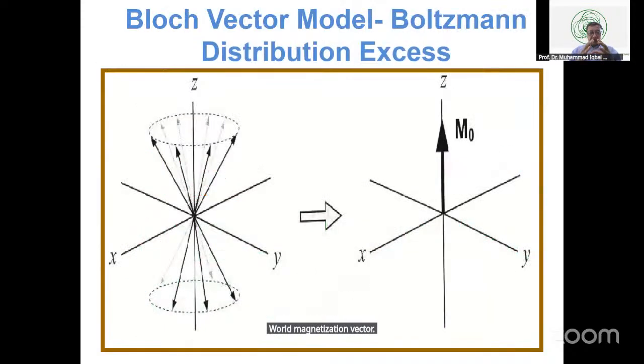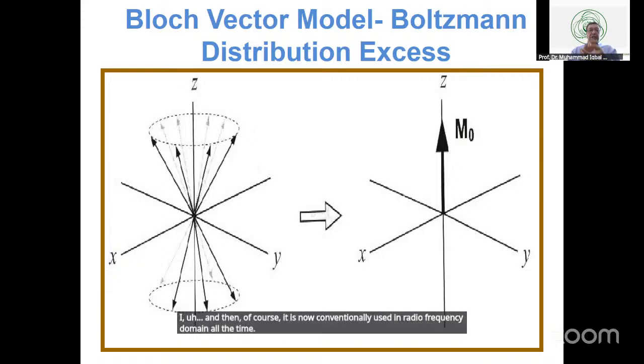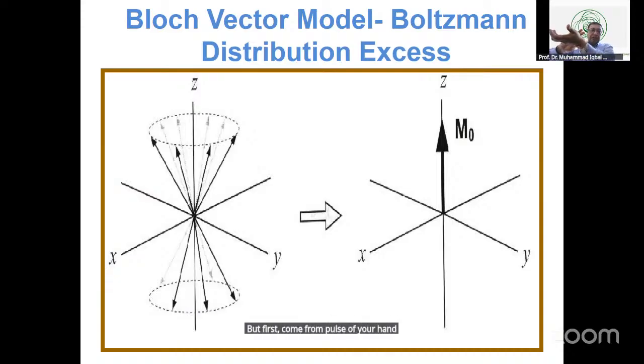Now, what Hahn said in 1949 in a very small paper which was published in a very weak journal, he said instead of sweeping the radio frequency, if we give a radio frequency pulse, and he used the word pulse, and then of course it is now conventionally used in the radio frequency domain all the time, but pulse comes from the pulse of your hand, pulse.